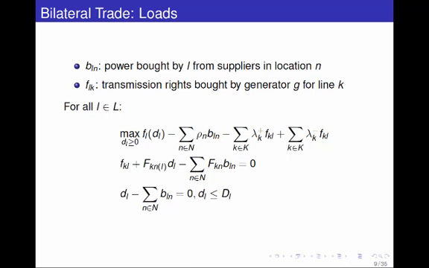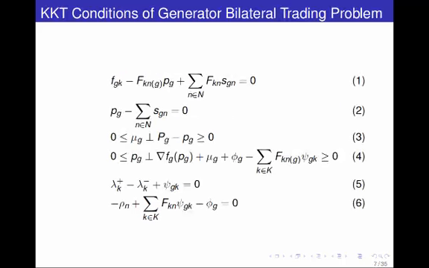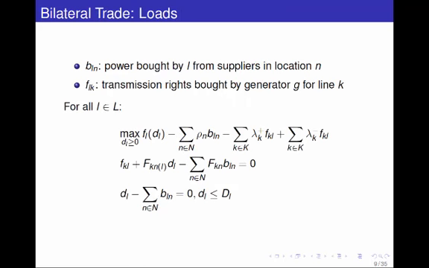Yeah. So that would be a misrepresentation of reality, right? If you took these away from the problem, you would have to force this load to only buy from its location. Otherwise, it's breaking the rules of the game. The game, the way I described it to you, these are the rules of the game in words. You can't buy from someone out of your area unless you buy the rights. So this is how you're translating a verbally described bunch of rules into math programs.